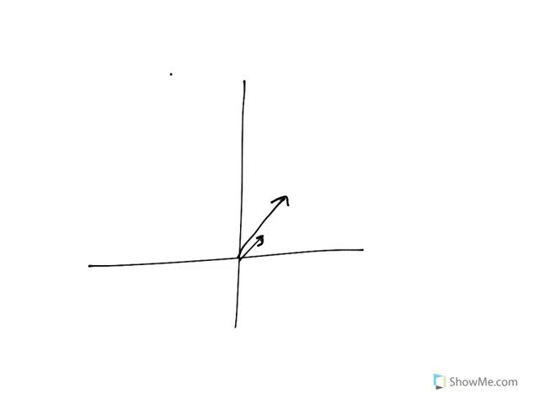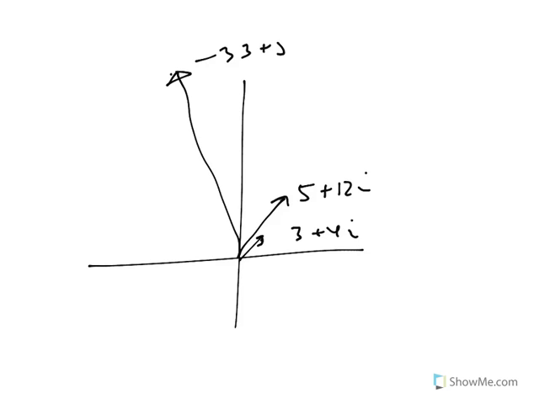Here's the 5 plus 12i. And here's the big minus 33 plus 56i. And there's no real obvious relationship between the two things that are getting multiplied together and the product, which is this big thing here.